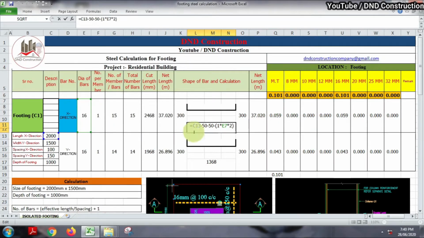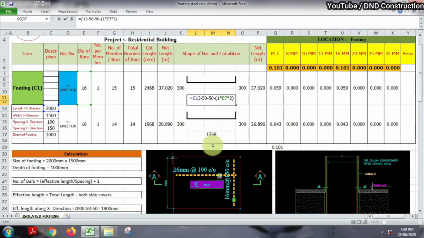Both side cover 50 mm, 50 mm, minus 2 bends. For this, 1 bend and 1 bend. So 2 bends are there, so I have kept 2 bend. So we will get 1868 by the formula. And after adding this value 1868 plus 300, we will get the cutting length of the bar, 2468.